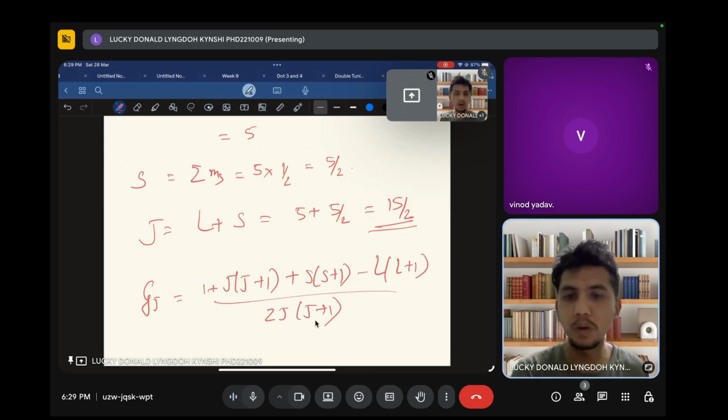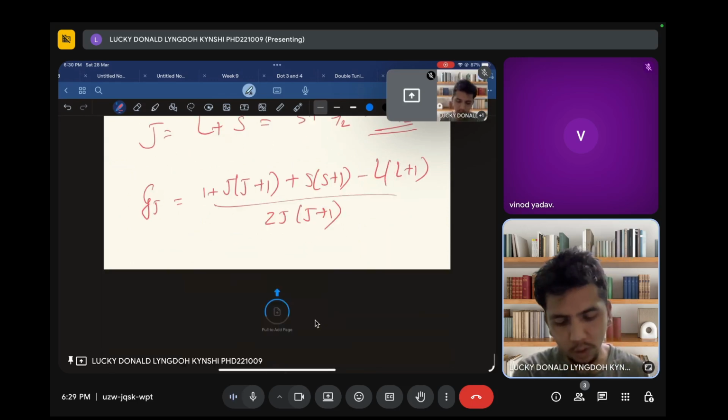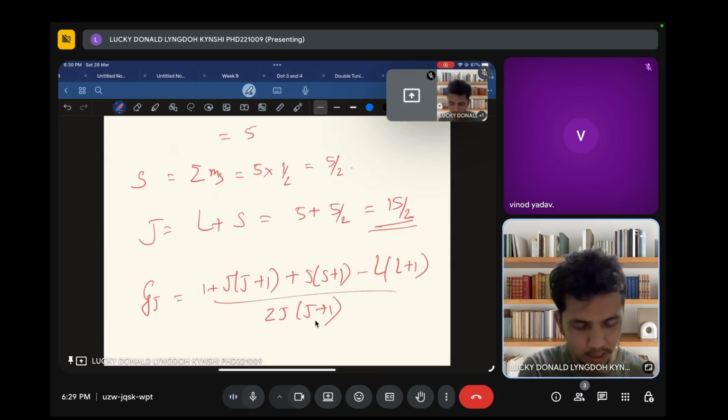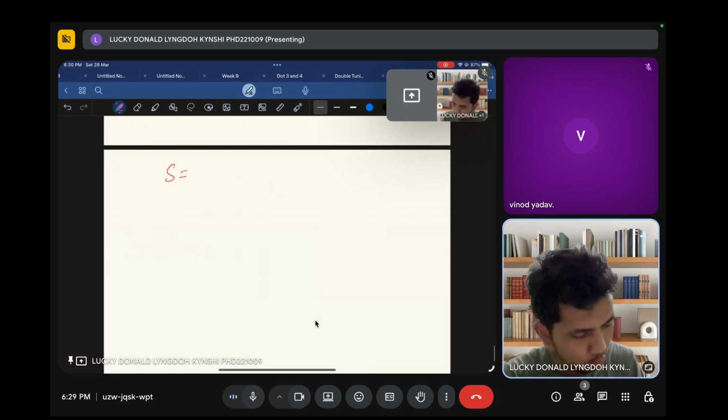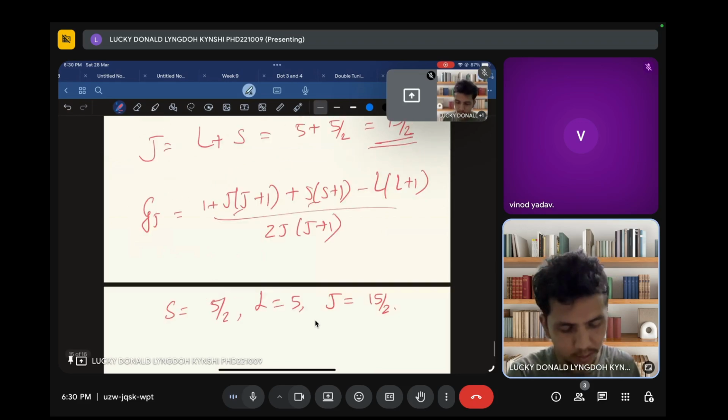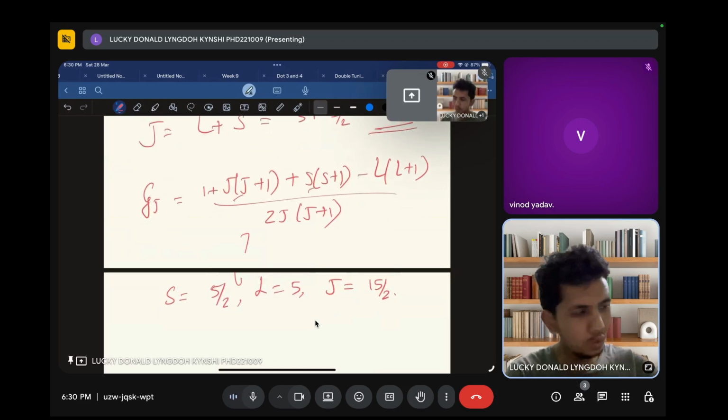This is the formula if you have to find out the Landé factor. You know what a g factor is, but this is for the total angular momentum. You have the concept of the Landé factor, which is given by the total angular momentum J, spin angular momentum, orbital angular momentum, and so on. Here, S you know is 5 by 2, L you know is 5, and J is equal to 15 by 2. Once you know this, you substitute back in that equation.